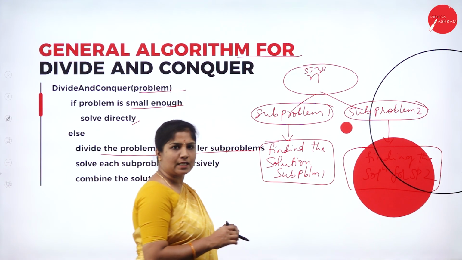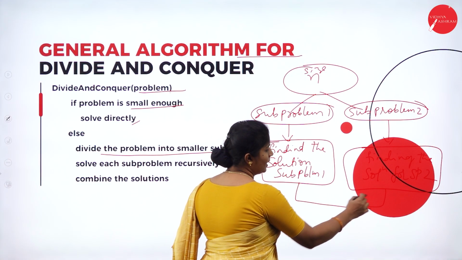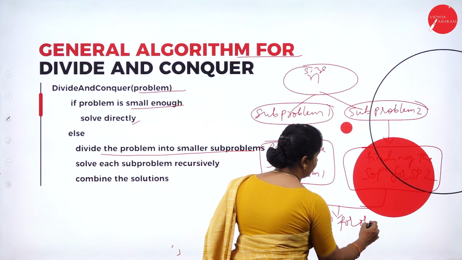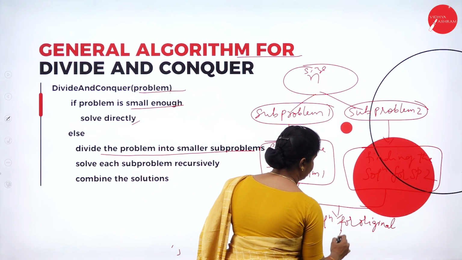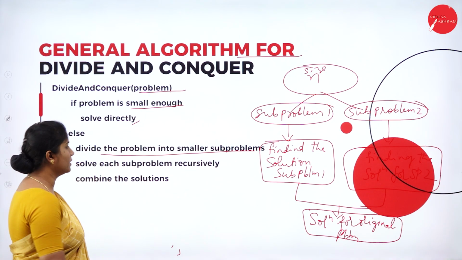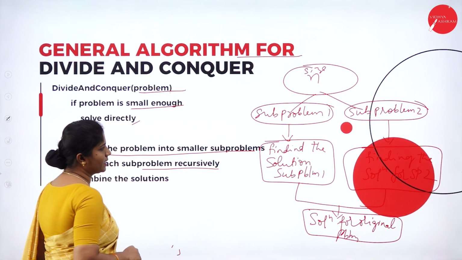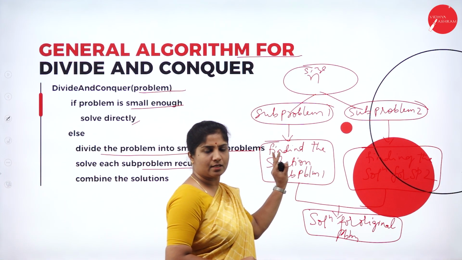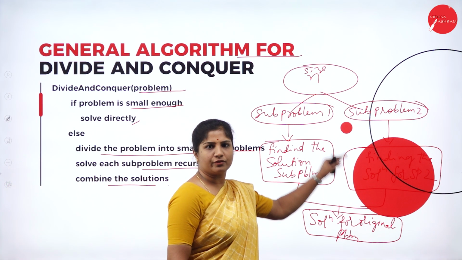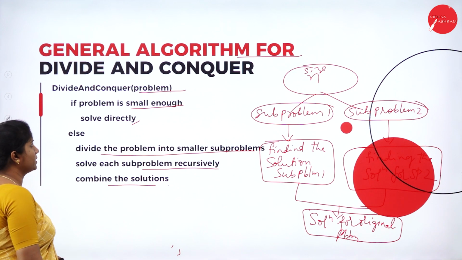After finding the solutions of both subproblems, I am combining these two to get the solution for the original problem. So this is how divide and conquer works. Divide the problem into smaller problems, then solve each subproblem recursively. That means finding the solution for each of subproblem 1 and subproblem 2. After finding them, combine the solutions to get the solution for the original problem. So this is how the divide and conquer technique works.